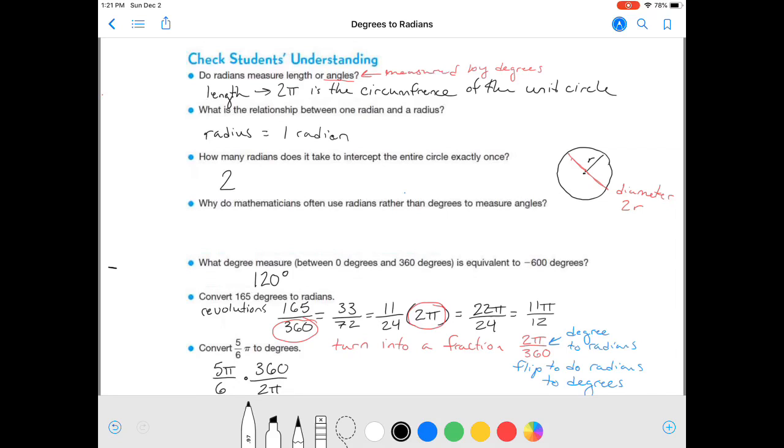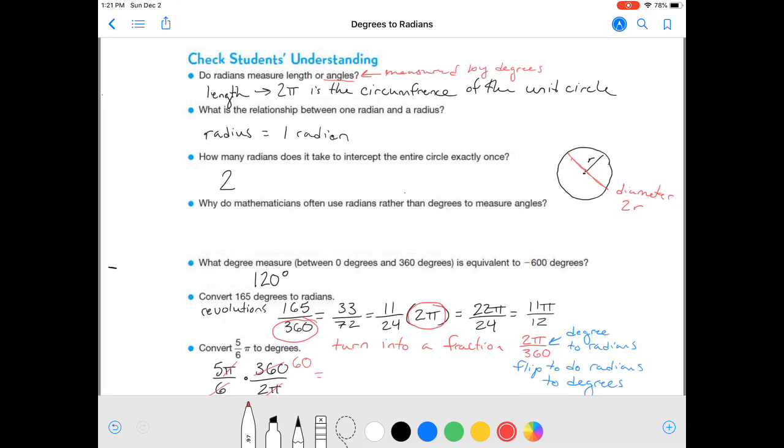We can cancel out things that occur in both our numerator and our denominator when we do this multiplication. Like pi occurs in the numerator and denominator, so it will cancel out. We can do 360 divided by 6 to simplify that as well. So 360 divided by 6 is 60.